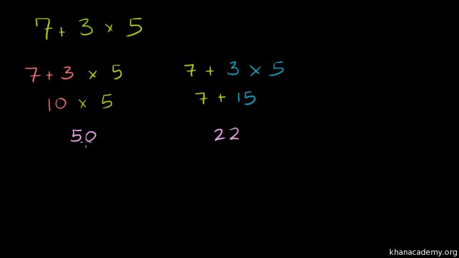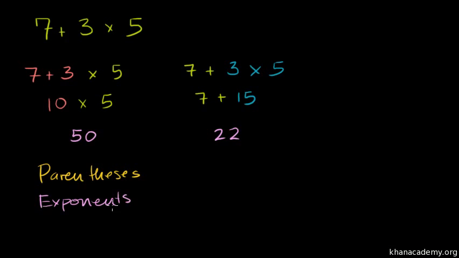And that's why we have to have an agreed upon order of operations, an agreed upon way to interpret this statement. So the agreed upon order of operations is to do parentheses first. Let me write it over here. Parentheses first. Then do exponents. If you don't know what exponents are, don't worry about it right now.